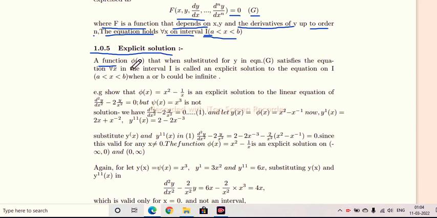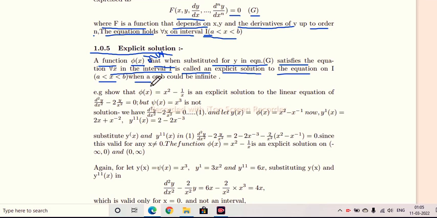A function, say phi(x), which we also write as y(x), that when substituted for y in equation G satisfies the equation for all x in the interval I, is called an explicit solution to the equation on I. That is, the interval a to b, where x lies in a to b. x is the point.